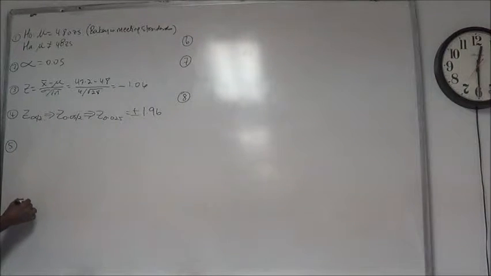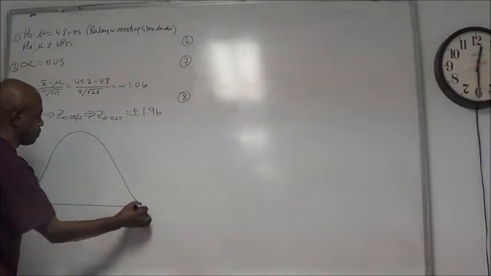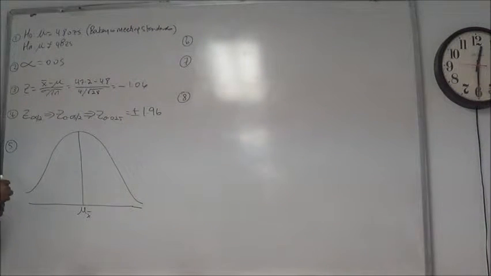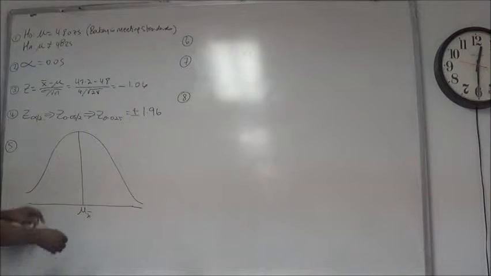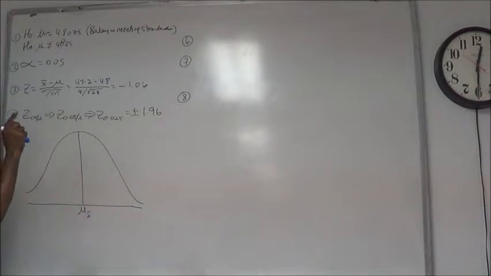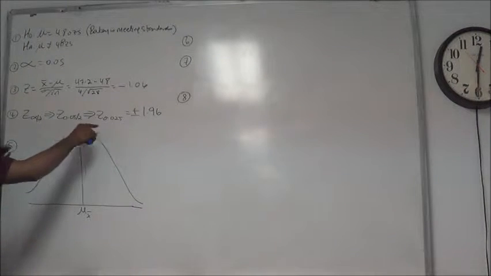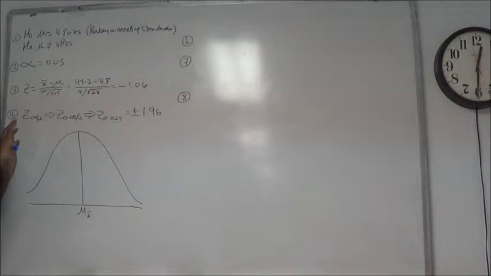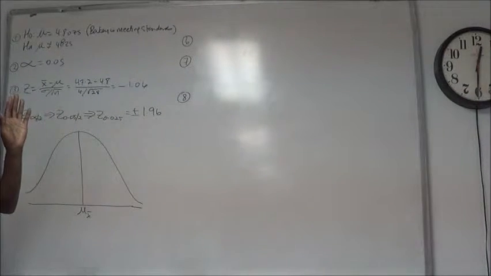Okay, so plot the distribution. There's mu, x bar. So we need plus and minus 1.96 because the distribution is saying I expect this number at 0.025 to be plus or minus 1.96. Don't care what your problem is.